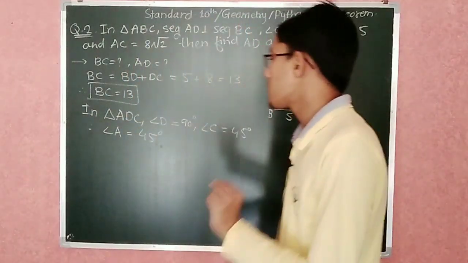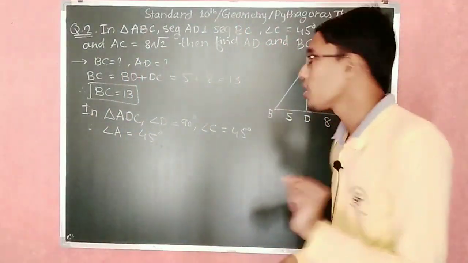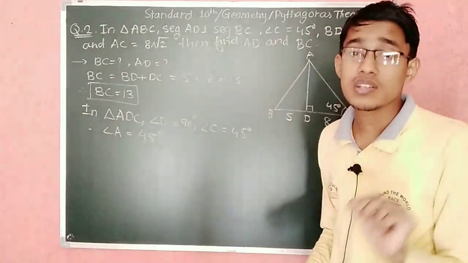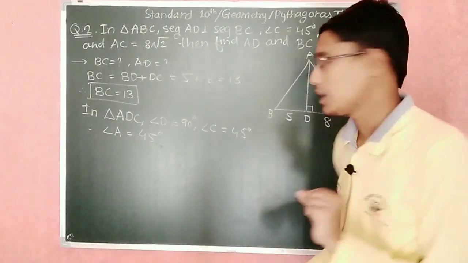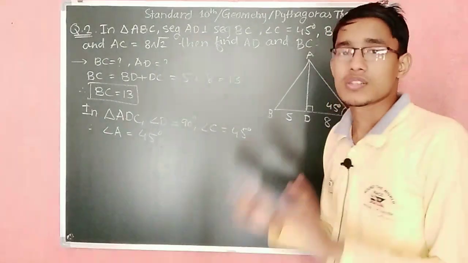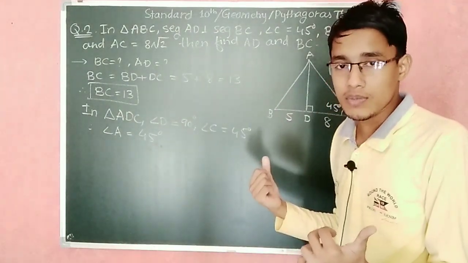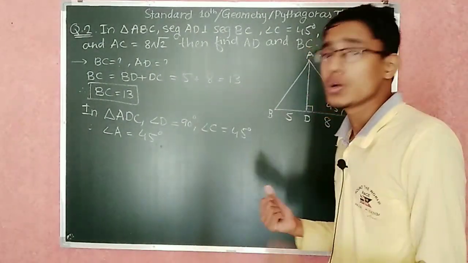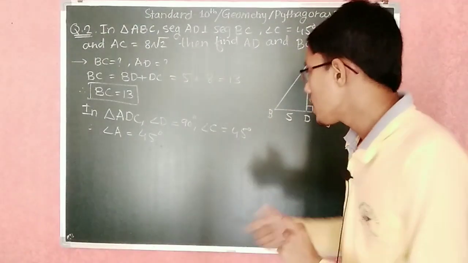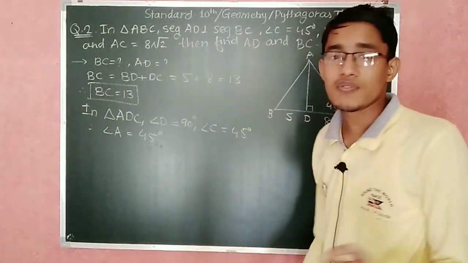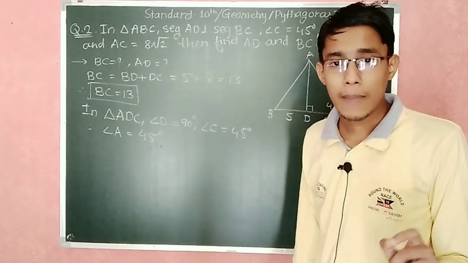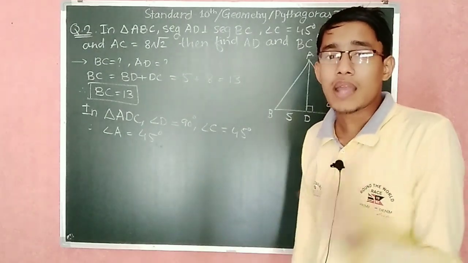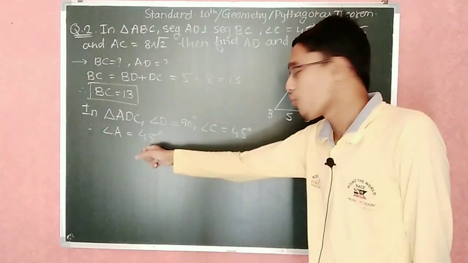And how can we say that? We can say that by the property that the sum of the measures of all angles in a triangle is 180 degrees. So 90 plus 45 gives us 135, and 180 minus 135 is nothing but 45 degrees.